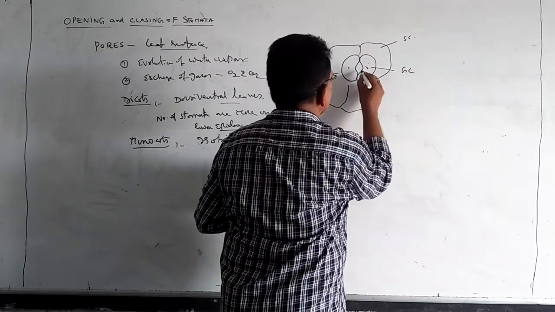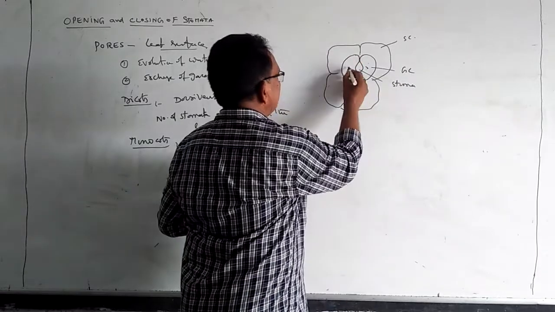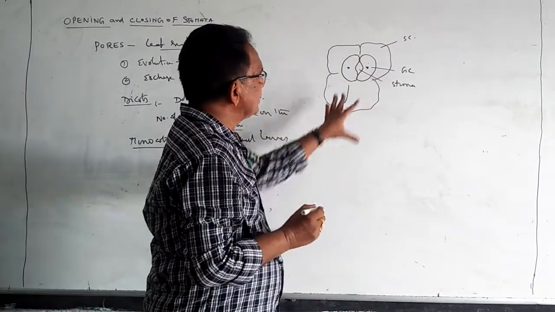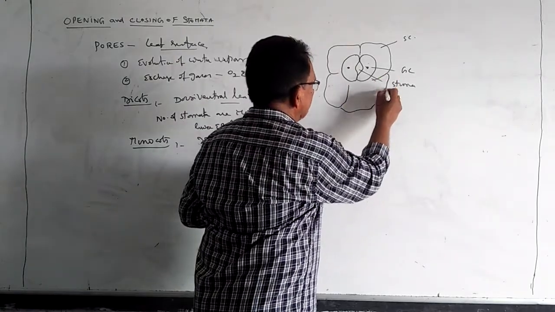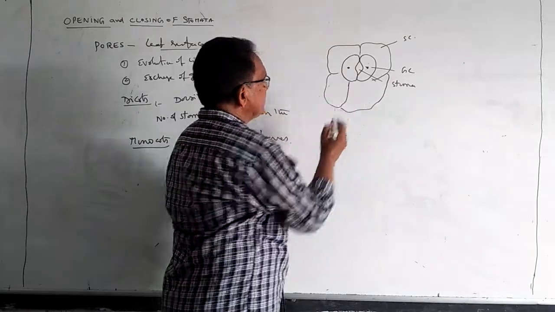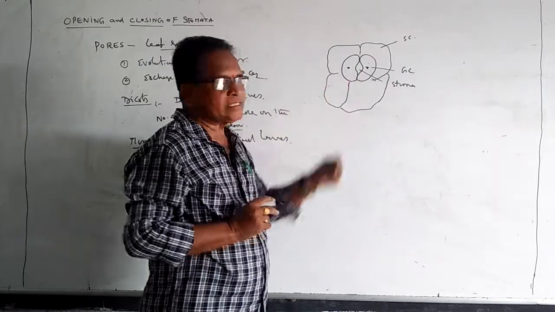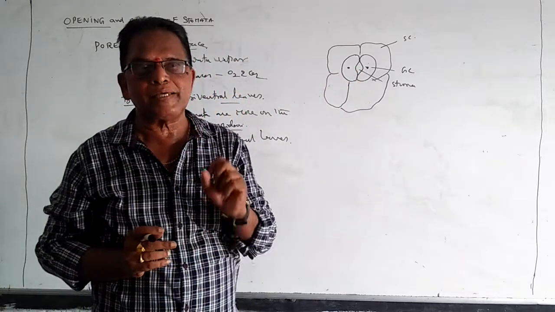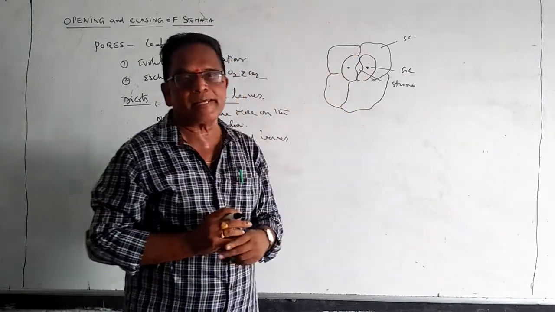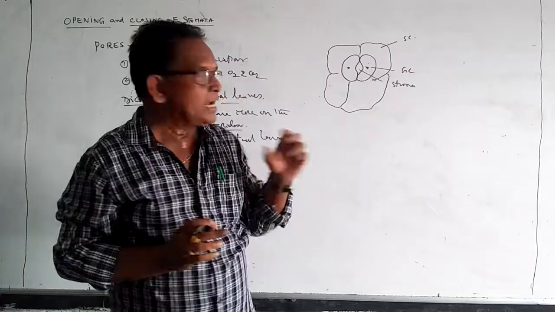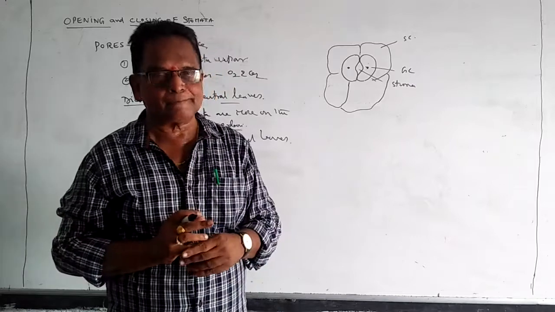This is GC, and this is the stoma. So the entire structure is called the stomatal apparatus. This is the actual pore, and this pore is guarded on either side by two kidney-shaped or bean-shaped cells, and these two kidney-shaped cells are in turn surrounded by subsidiary cells, and this entire structure is known as the stomatal apparatus.